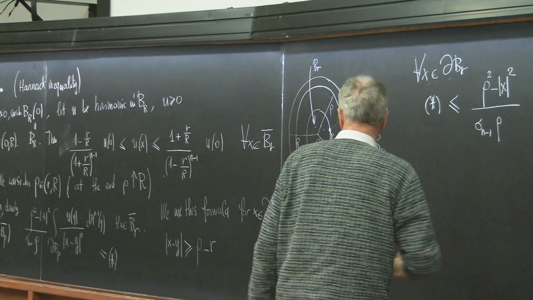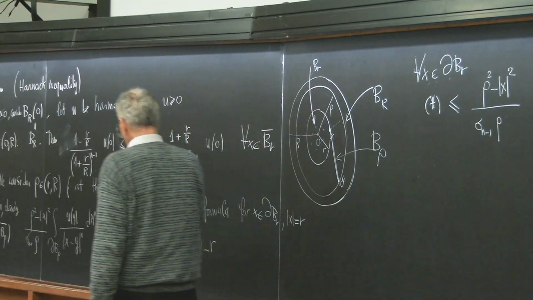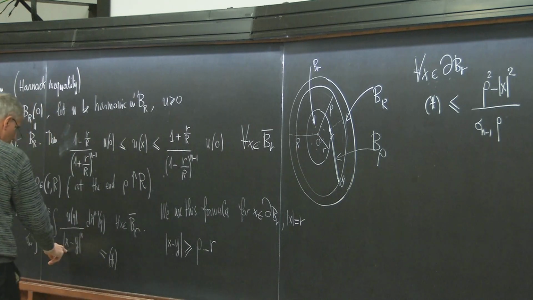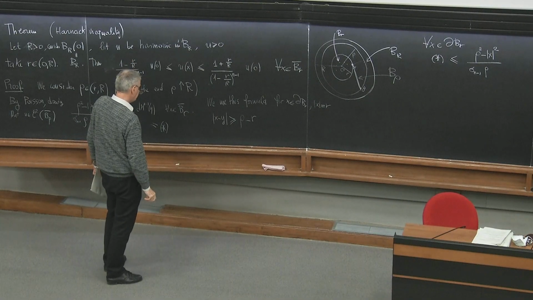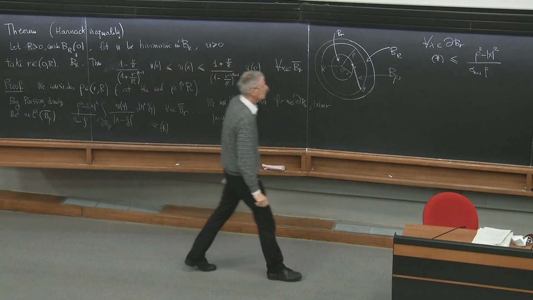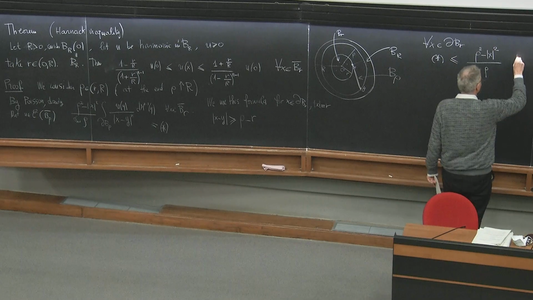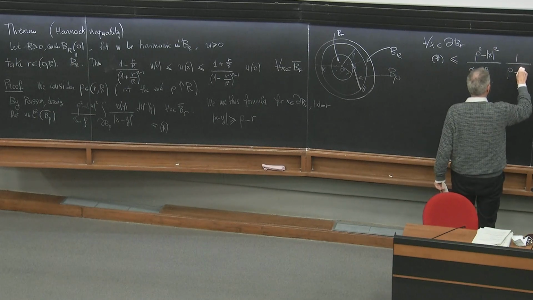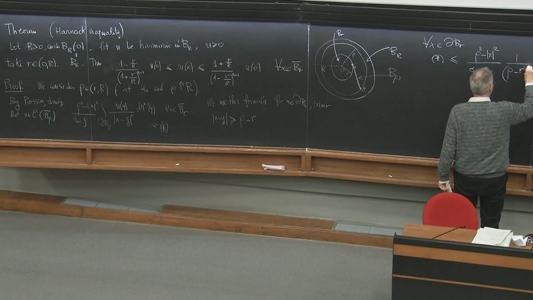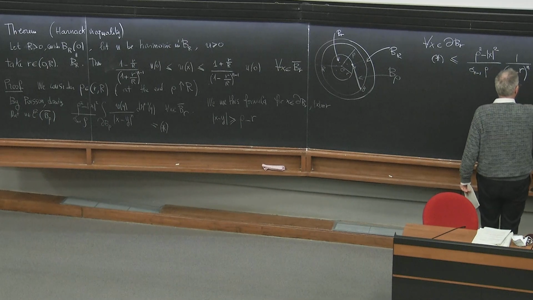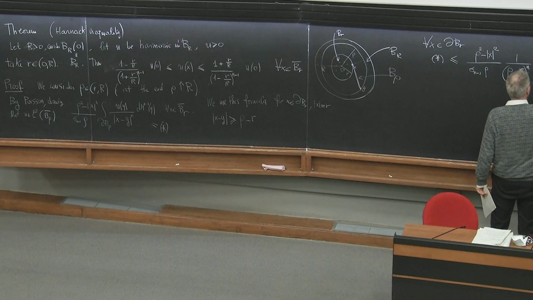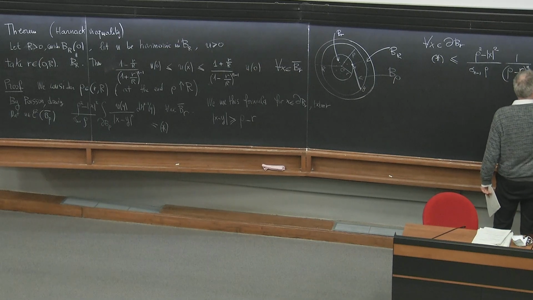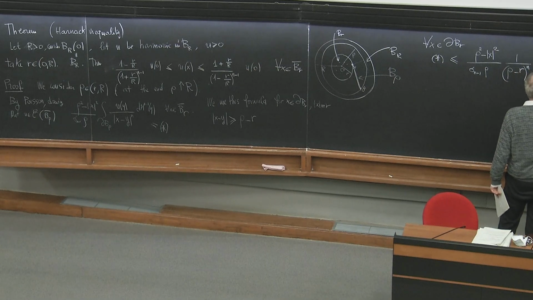Then we have here 1 divided by (rho minus r) to the n, the integral on the boundary of the ball of radius rho of u of y.